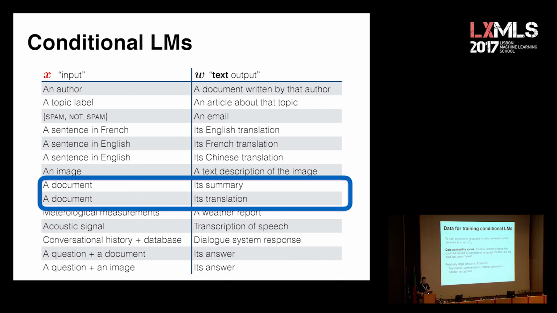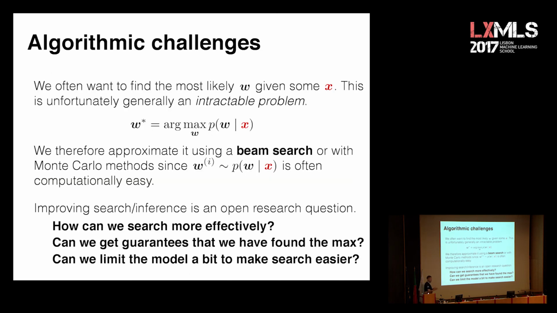So one thing also to note here, we mostly are talking about machine learning problems this week, but there are some algorithmic challenges to working with conditional language models like this. We often want to be able to find the most likely sequence of words given some input.